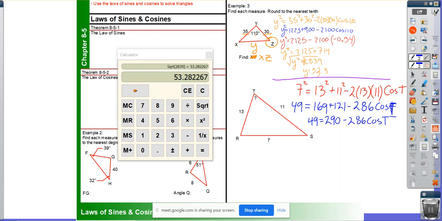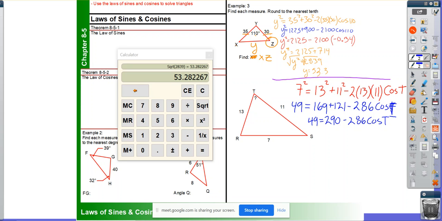Okay, and then even though we're multiplying negative 286 times the cosine of t, can we still do 49 minus 286? No, because that cosine of t is going to act as a variable, and you can't combine terms that are not similar.